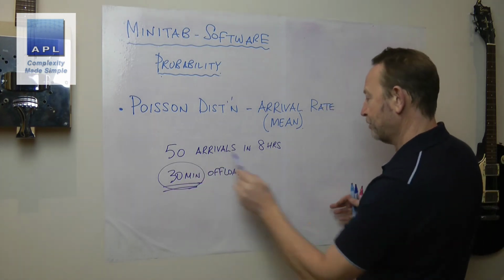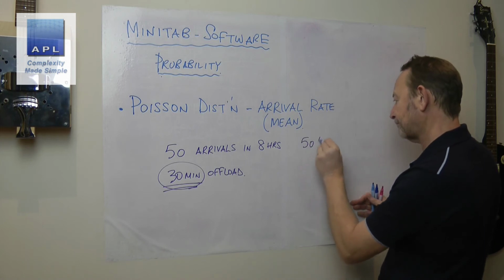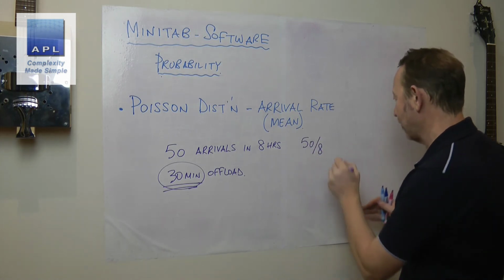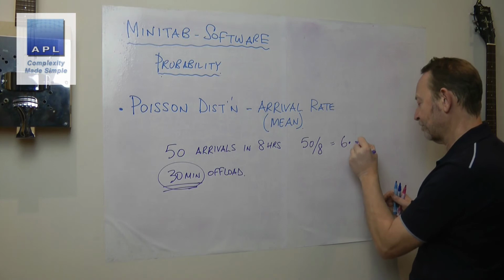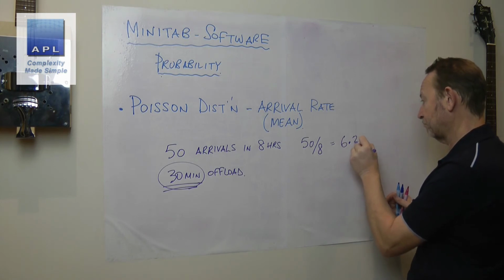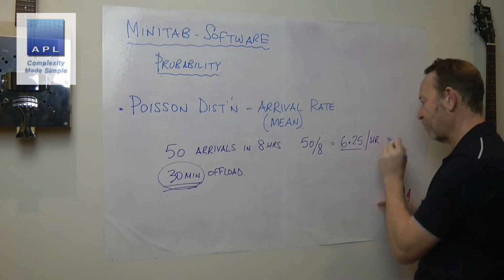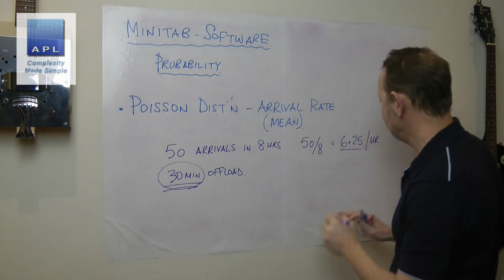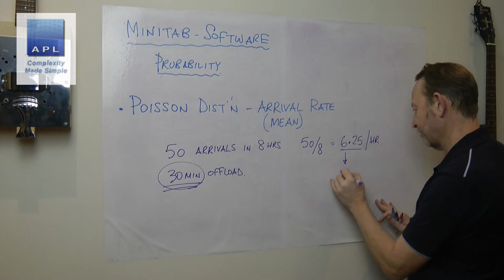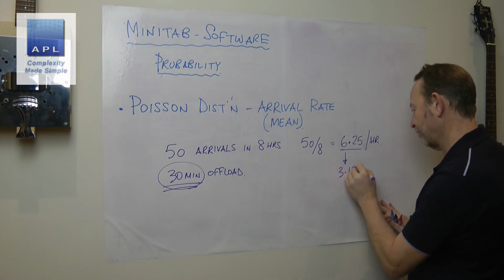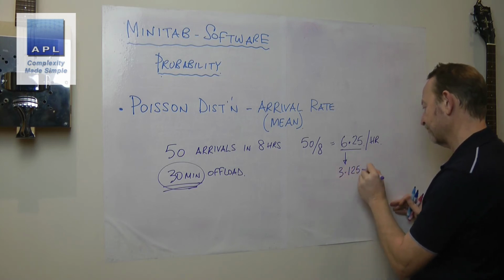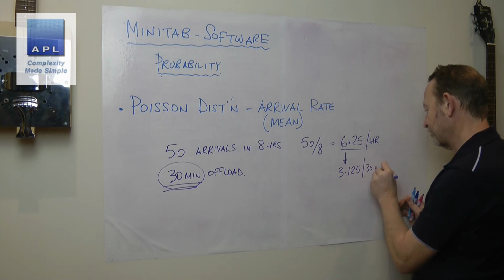So let's have a look. If I divide 50 by 8, what do I get? 6.25 lorries per hour, but we want it for 30 minutes. If I cut that in half, I end up with 3.125 lorries per 30 minutes.